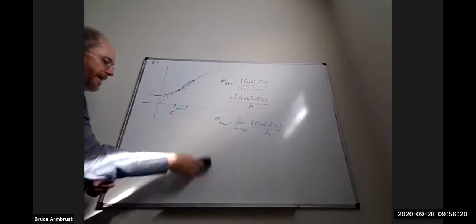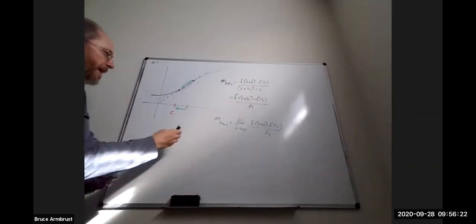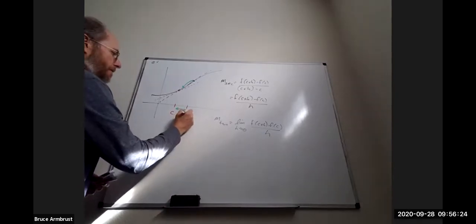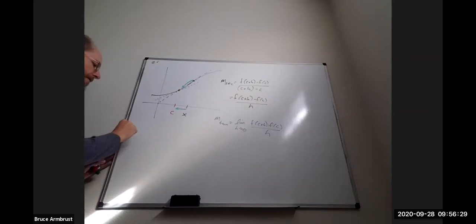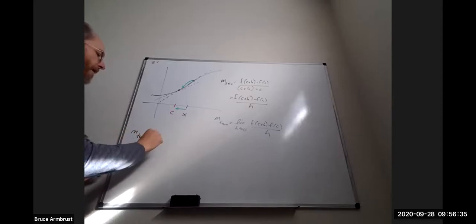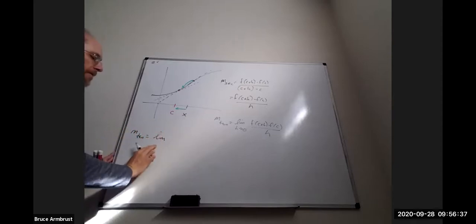Instead of c plus h, I'm going to call this guy x. So think about what this is going to do to our tangent line. I'm going to leave a spot for a limit. We'll write what goes in there in a second.